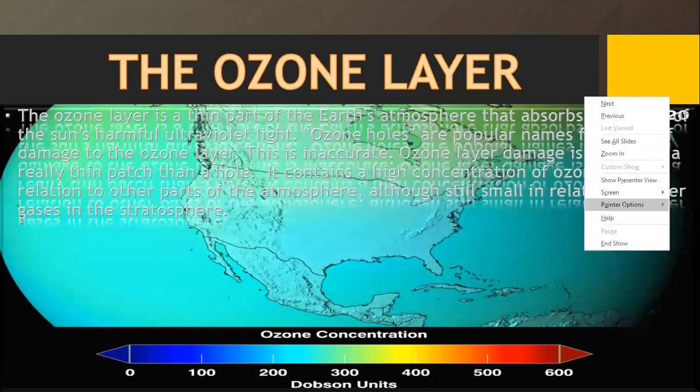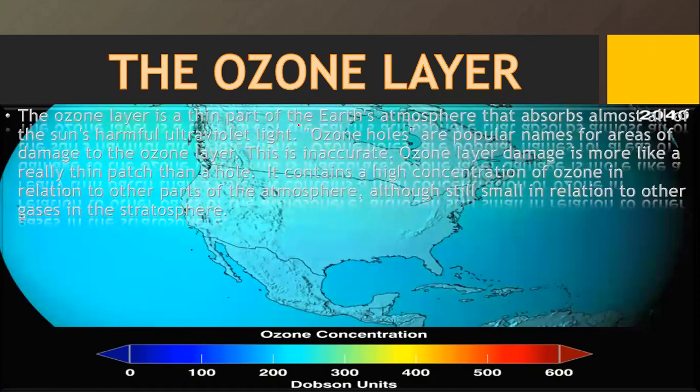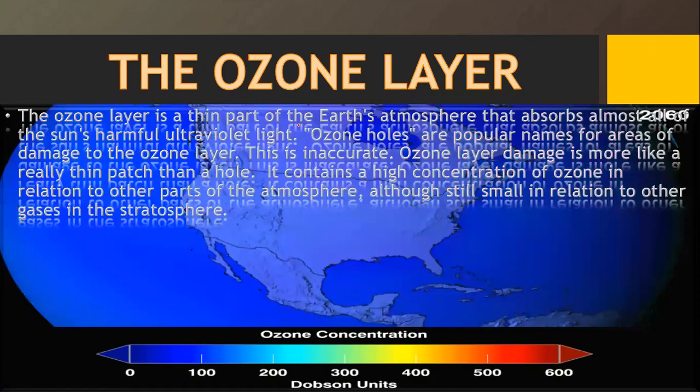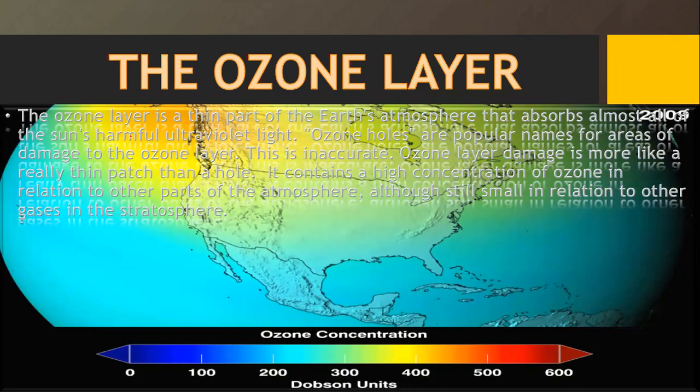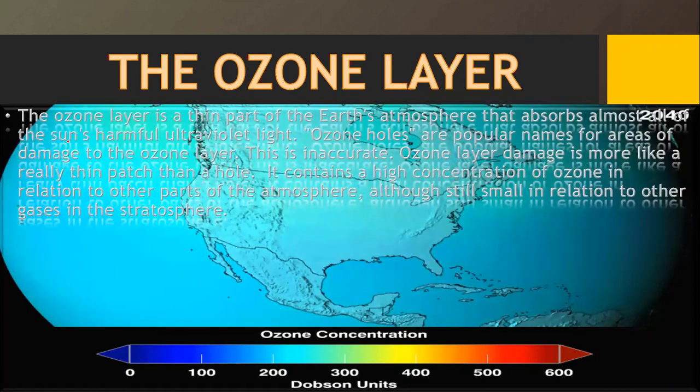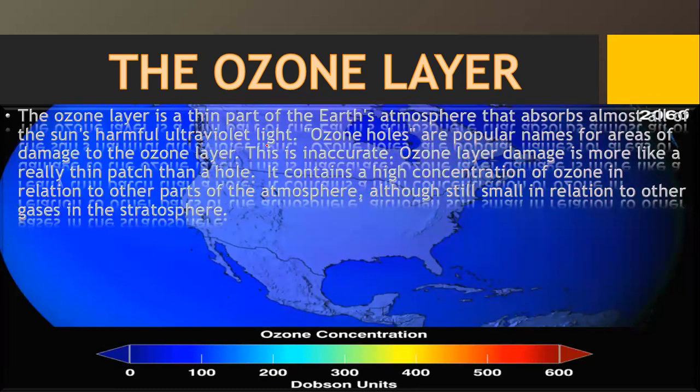As we learn, when we go higher, the layers become thinner. Ozone is the last layer, so this thinner part of the atmosphere absorbs almost all of the sun's harmful ultraviolet light.